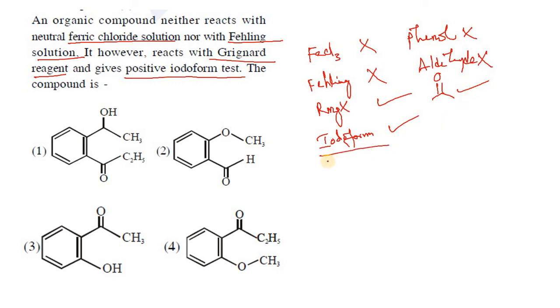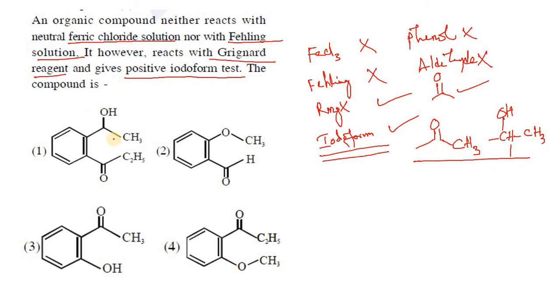And the iodoform test is exhibited by these types of molecules: COCH3 containing ketones or CHOH CH3 containing alcohols. So you have to identify these two fragments.